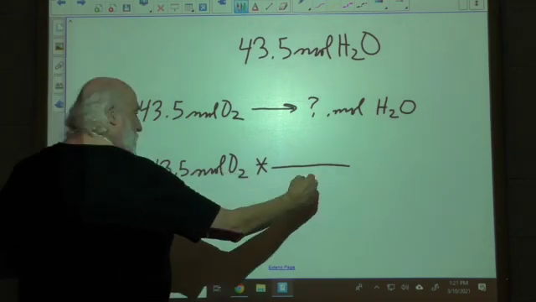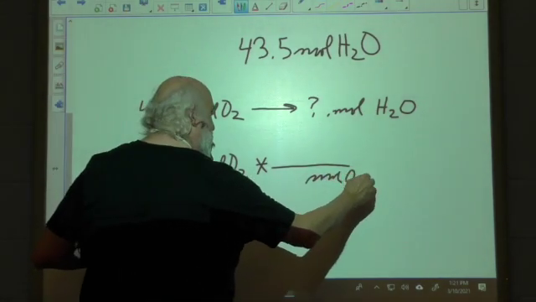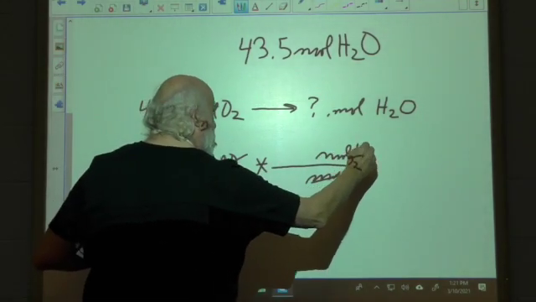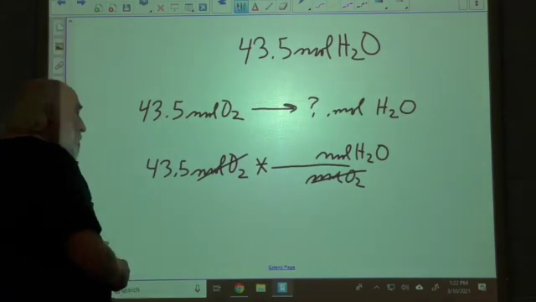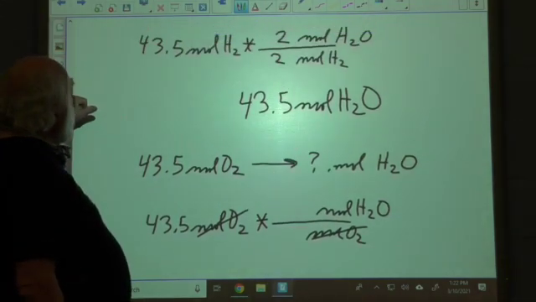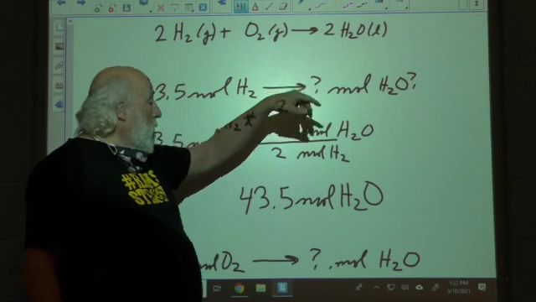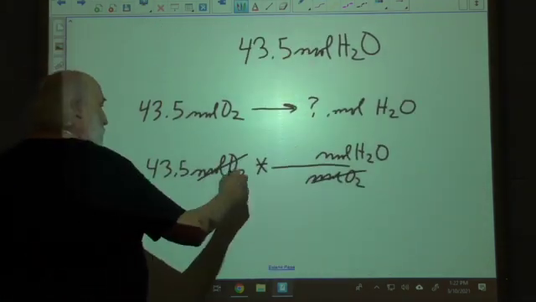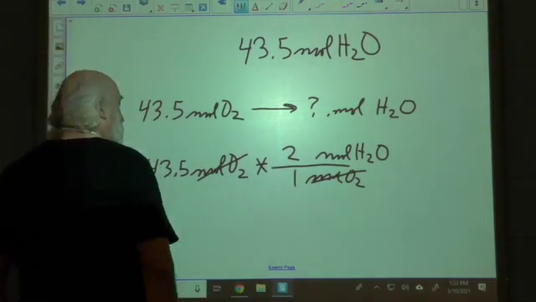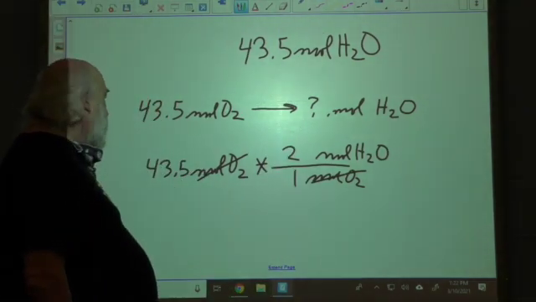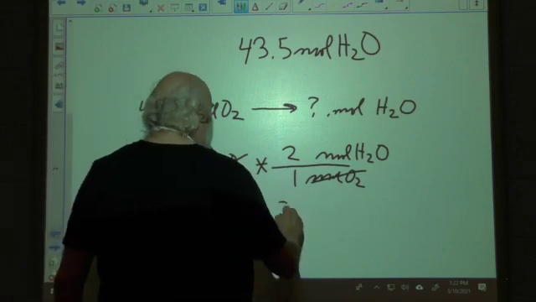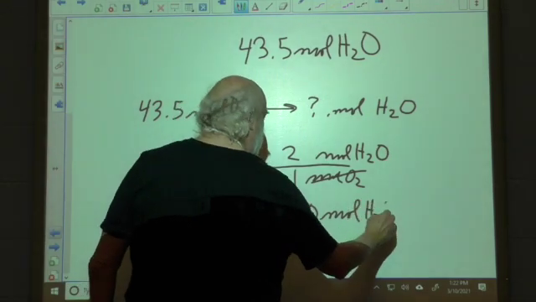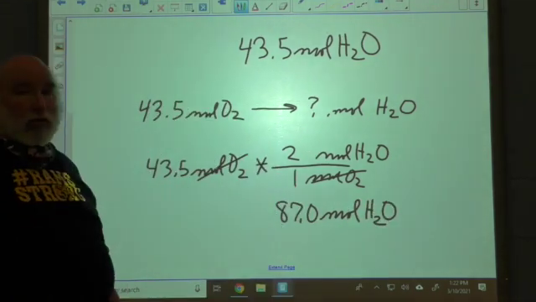And I'm going to put this in the denominator to cancel it out, and I'm going to put moles of water on top. Moles of water is that 2, and moles of oxygen, there's nothing in front, so that's a 1. So that's going to be 2 on top, 1 on the bottom. So my answer for this is going to be 87.0 moles of water. That's how mole-to-mole conversion works.